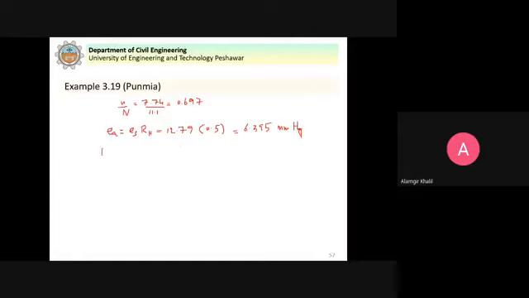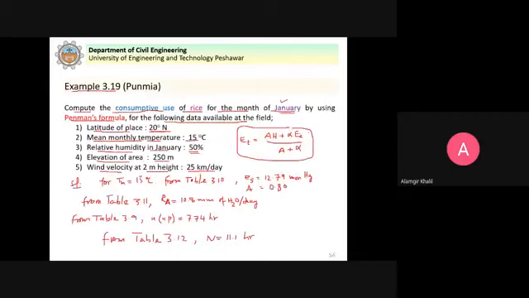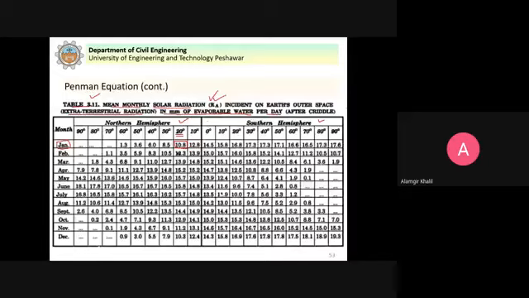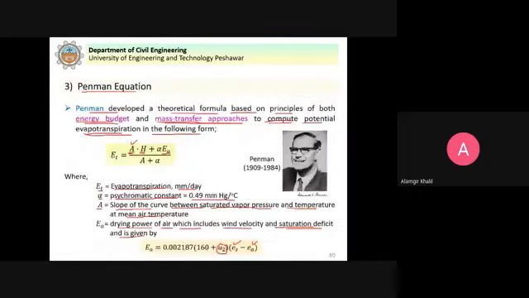Next we have to calculate this EA. So EA is here in this equation, and EA is given by this equation here.